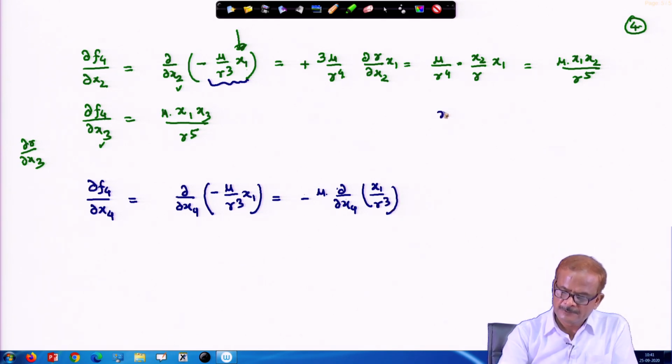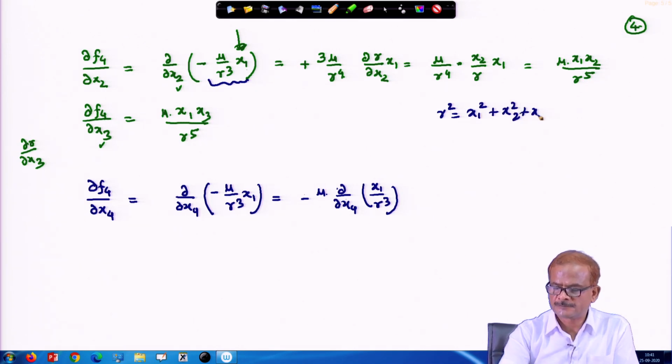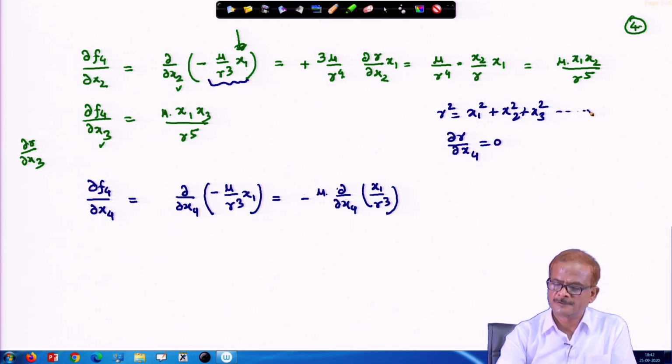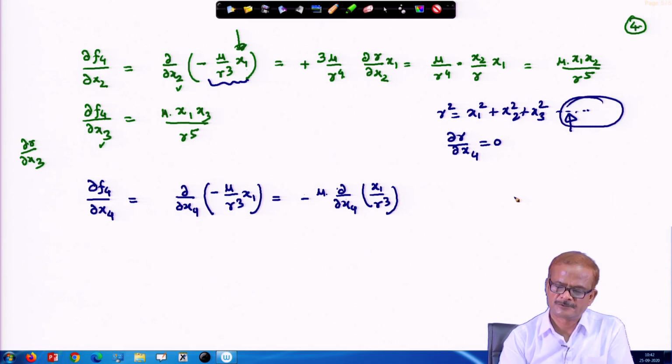So, already we have looked into that r square, this is a function of x1 square, x2 and x3, and therefore, ∂r/∂x4, this quantity will be 0, because nowhere here x4 comes, there is nowhere x4 present in this term.